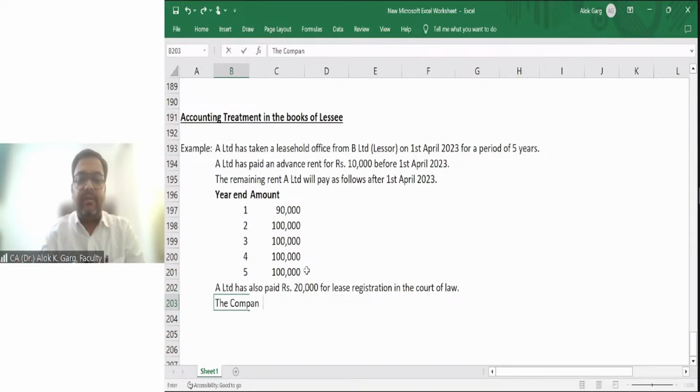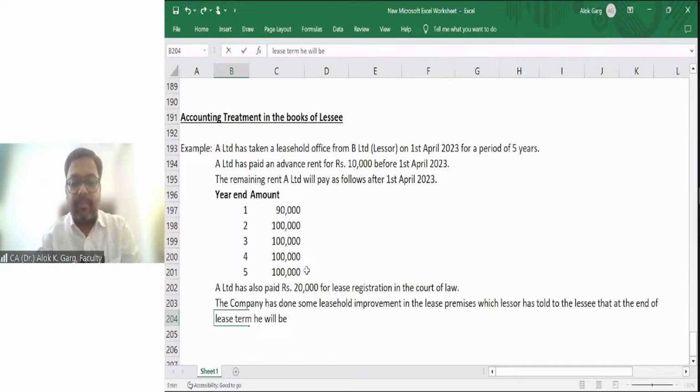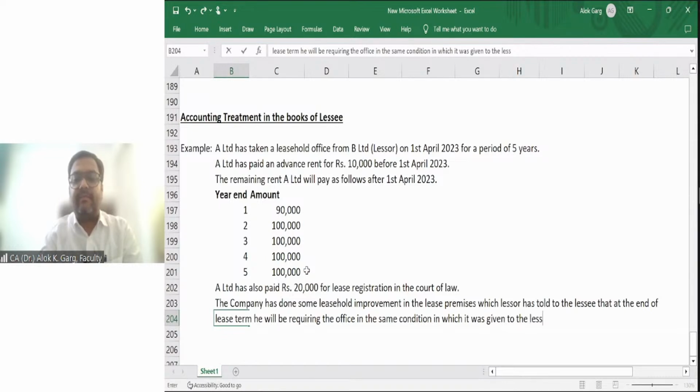The company has done some leasehold improvement in the lease premises, which the lessor has told the lessee that at the end of the lease term, he will be requiring the office in the same condition in which it was given to the lessee, right?